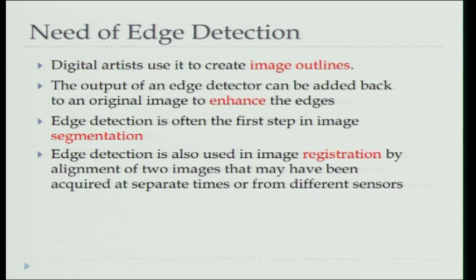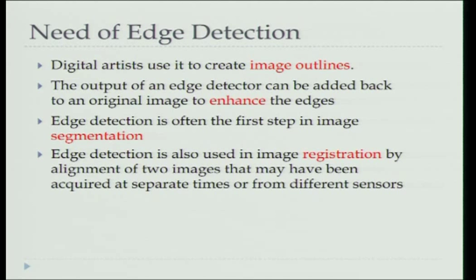Now, why do you need the edge detection algorithms? From edge detection, you will be getting image outlines. Once the image outline is available, as I told you, you can do a lot of work. One is that I want to put texture or color on it, or some other information, suppose I want to put a mole and check how it looks.